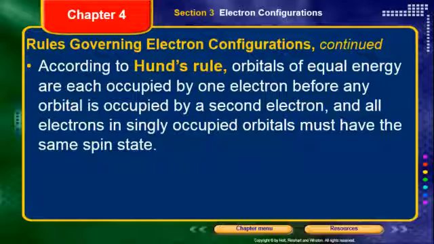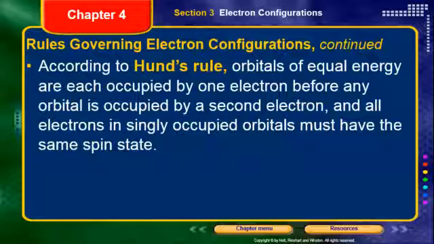The third rule is known as Hund's Rule. According to Hund's Rule, orbitals of equal energy, so the 5 suborbitals in a d orbital, or the 7 suborbitals in an f orbital, are each occupied by 1 electron before an orbital is occupied by a second electron.